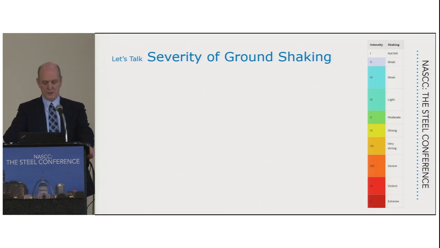This scale goes from 1 to 10. It uses colors that go from blues and greens to yellows and oranges to reds and dark reds. And it also has some descriptions about each of those different levels that go from not felt to extreme and violent.